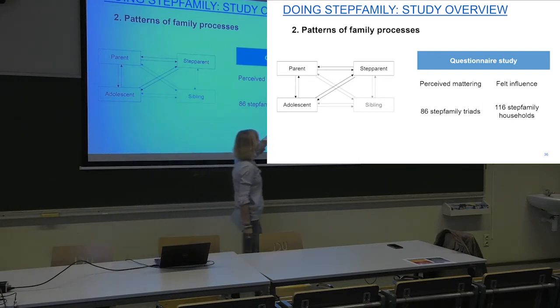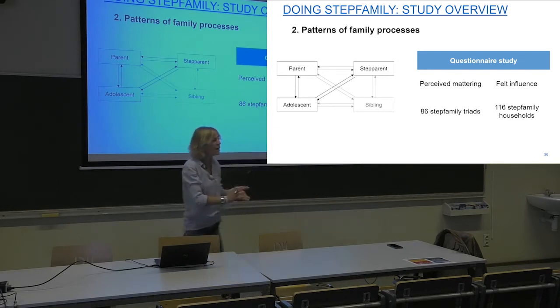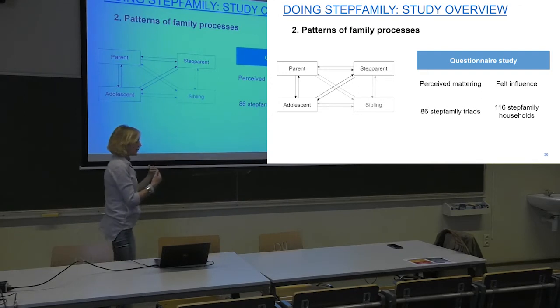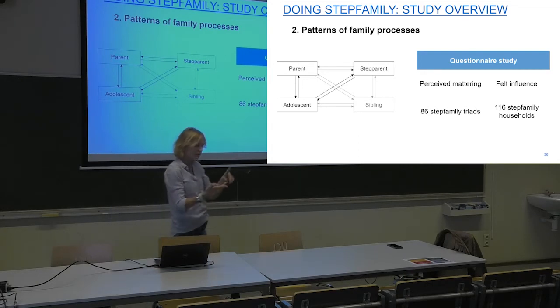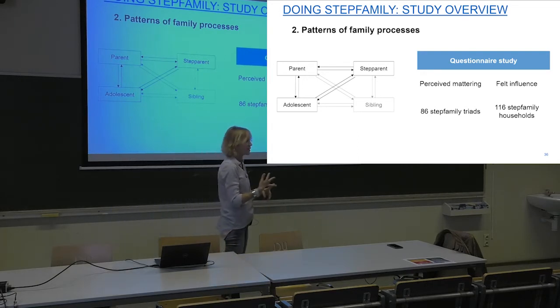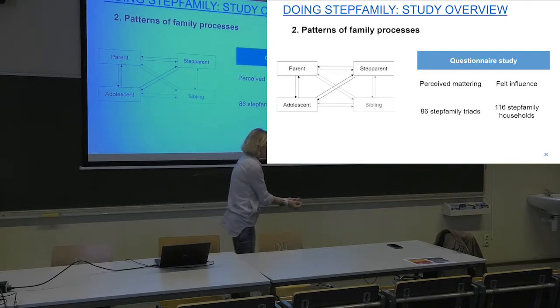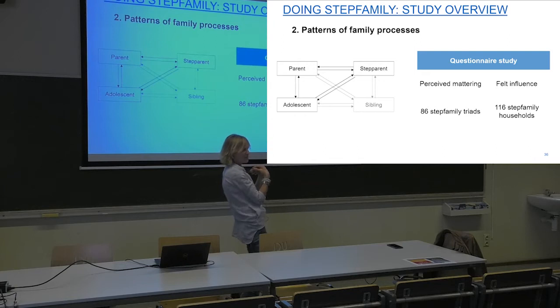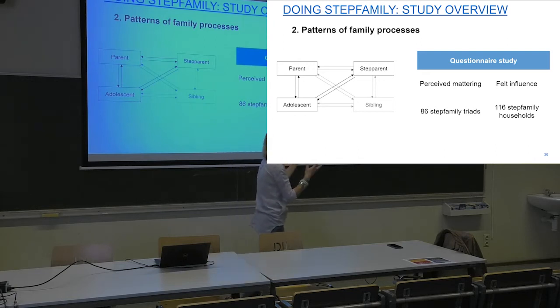So we had 116 step-family households, so the four of them, where we asked about the influence of people on each other. And we had positive and negative influence, and intentional and unintentional. And in Jan's study we had another dimension, the feeling of being influenced, but this one was not here because it's a difficult one.